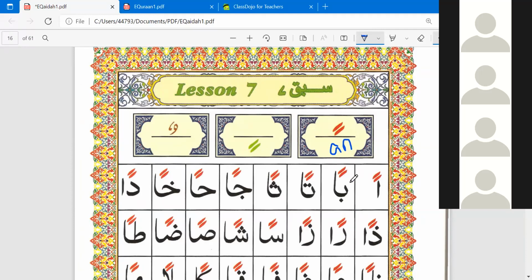A for single, but double becomes an. So these lessons introduce sound and we call it tanween. Tanween. If somebody asks you what is tanween, tanween is fatahateni, kasrateni, and domateni, and it introduces the sound, remember.